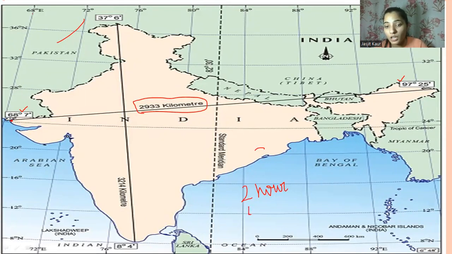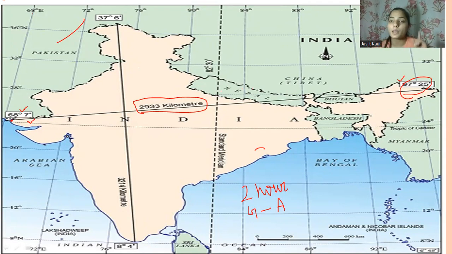Sunrise is 2 hours earlier in Arunachal Pradesh, and Gujarat has a 2 hour time difference from Arunachal Pradesh, because we have a huge longitudinal extent between both the states.